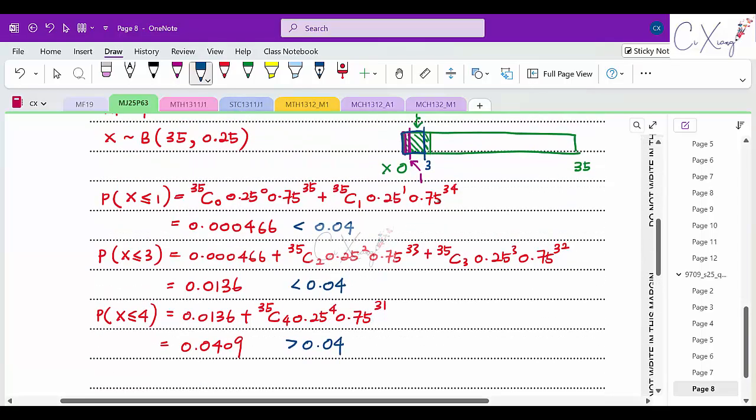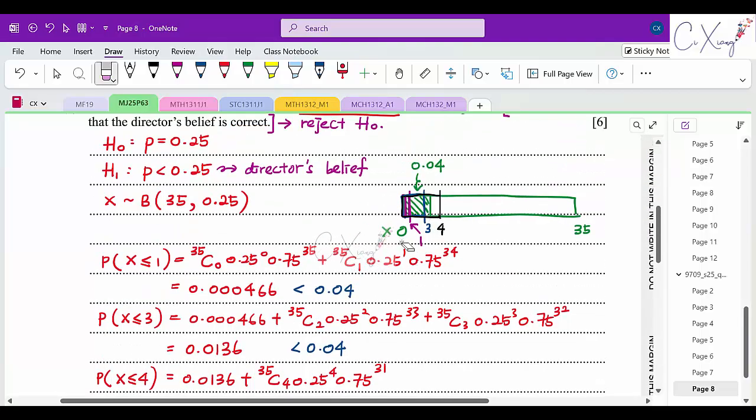If I show it in the diagram, you can see that your 4 is already under the white color area, because the black color area, x smaller equals to 4, is already more than 0.04. So 0, 1, 2, 3 are all under the rejection region, but the 4 already falls under the acceptance region.